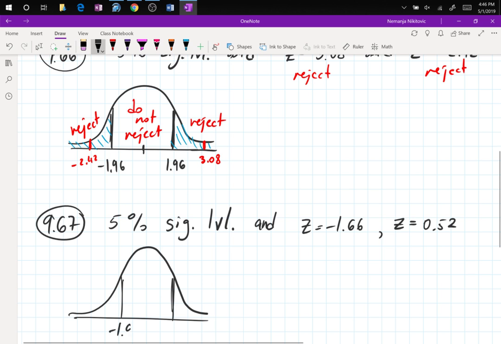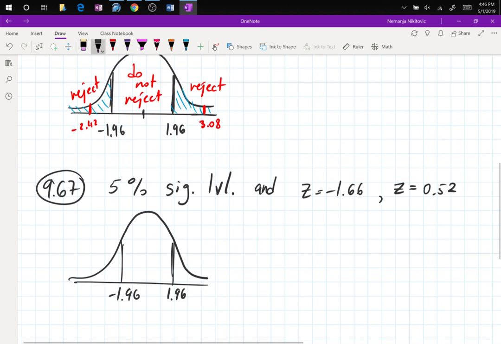So we have negative 1.96 and 1.96, because that doesn't change at 5%. Rejection region, do not reject, and reject.